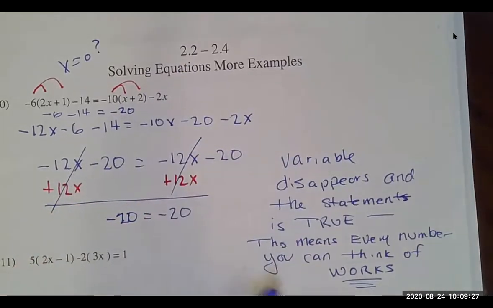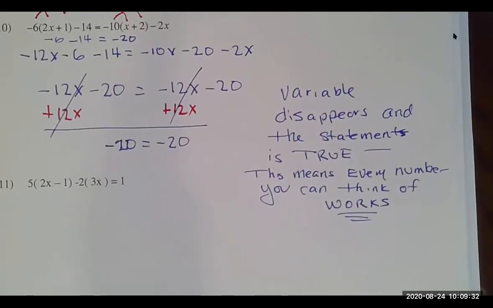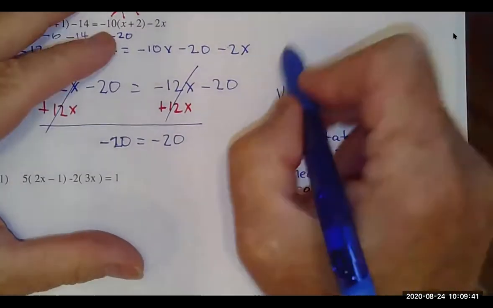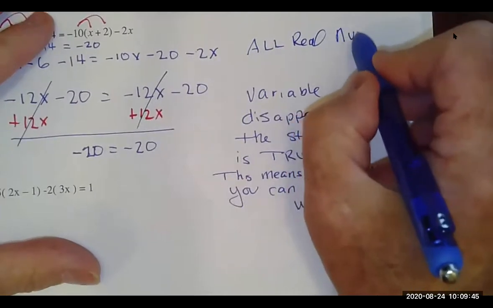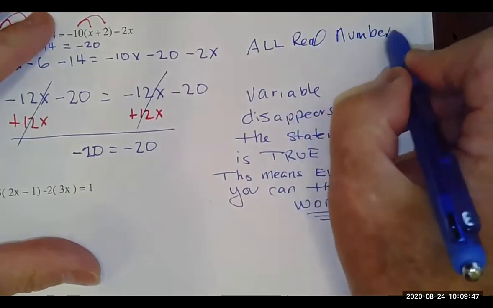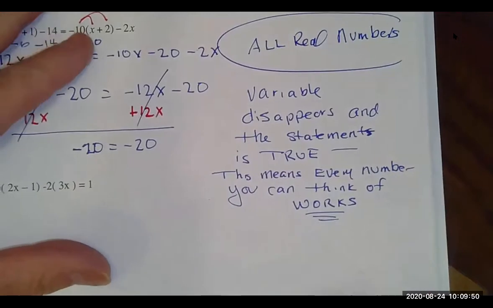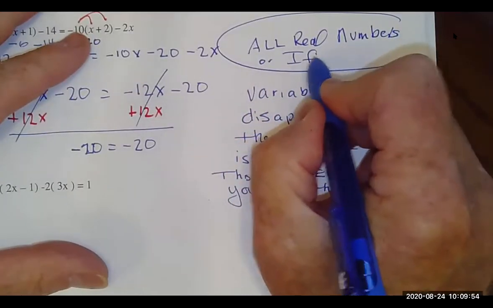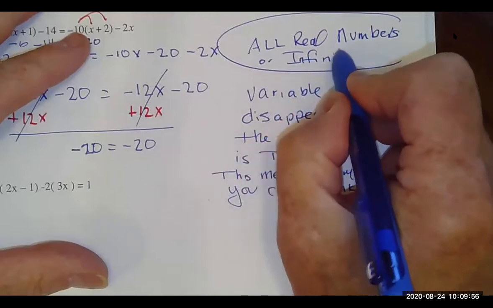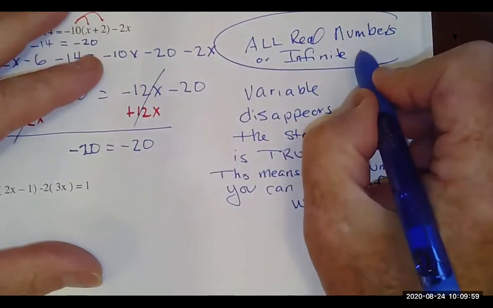Hey, it works. So the answer that you give typically is, well, I can't list every single number, so I'll say infinitely many numbers. All real numbers is okay too. So all real numbers is one possible answer, or you'd say infinite solutions.